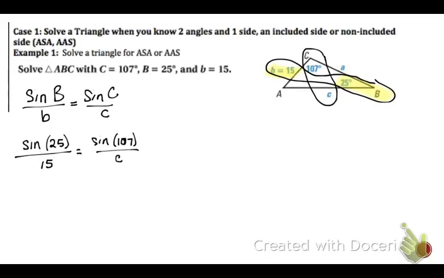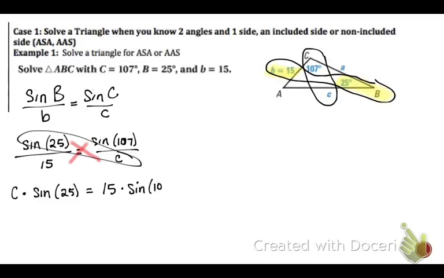over little c. Okay, your favorite thing from 8th grade math was probably cross multiplying, which is what we're going to do here. So we're going to cross multiply in order to solve this. So I have c times sine of 25. So that's when I multiplied these two together. Equals 15 times sine of 107. By the way, we are not touching our calculator until the very last step.